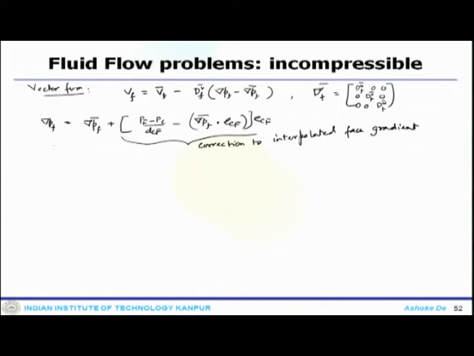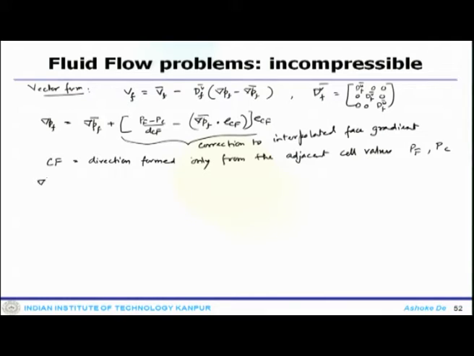Now, where E c f is the direction formed only from the adjacent cell values P f and P c.